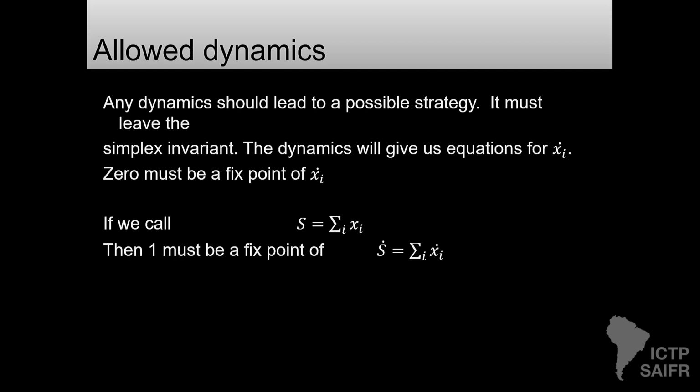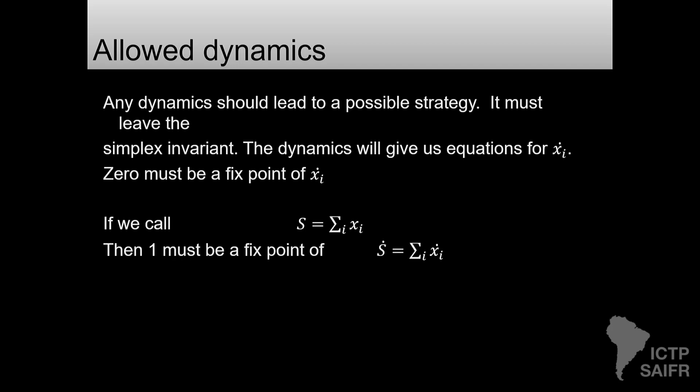So what is important is that if S is equal to 1, then dS/dt, when S is equal to 1, should be equal to 0. This is what I am saying, that 1 should be a fixed point of this dynamics.